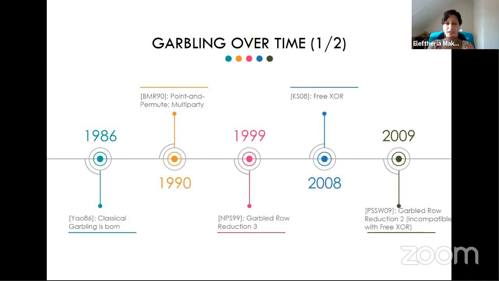Then we have the next optimization in 1999 from Naor et al., showing how we can reduce from 4 to 3 garbled rows for the gates. Then in 2008, free XOR appeared, and in 2009 we have another optimization of row reductions, which goes from 3 to 2 rows.